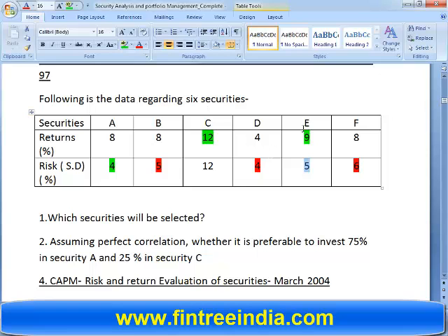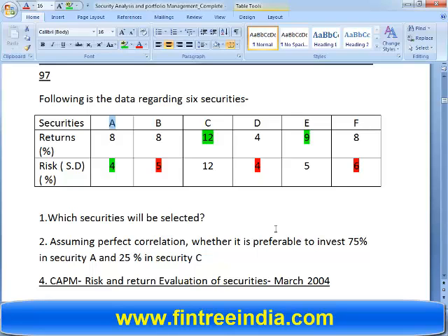We have eliminated B and F. Now say that the risk of security A and security D is exactly the same. In bracket you can say 4%.